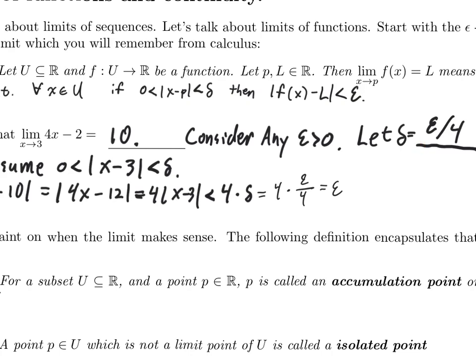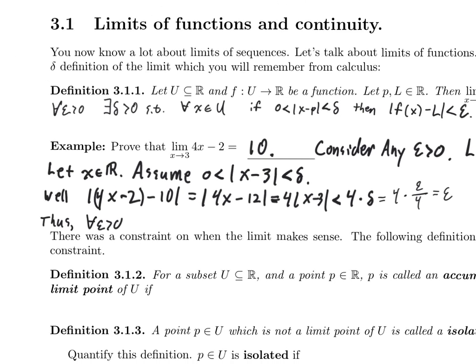So for every epsilon bigger than 0, there exists a delta bigger than 0 such that I then let x be arbitrary. So I proved that something was true for every x in R. And what did I prove? Well, I proved that if this assumption was true, then this conclusion is true, that this thing is less than epsilon.